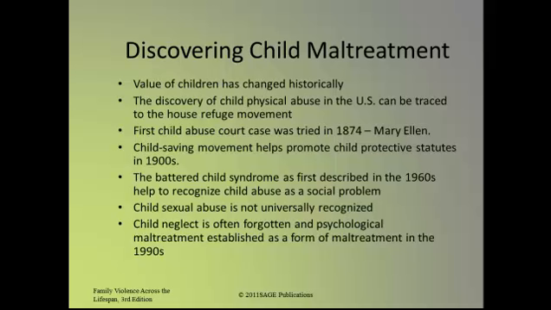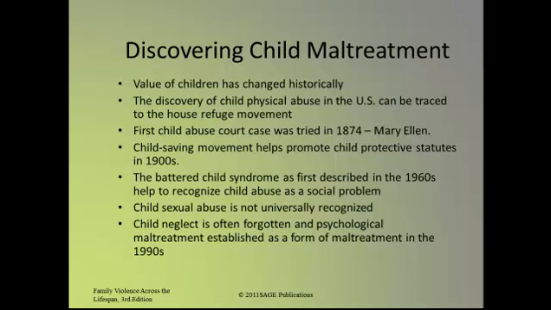And so the first child abuse court case was tried in 1874, and it's the famous Mary Ellen story. If you haven't heard it, Mary Ellen was adopted by a couple, I believe, who lived in some apartment building in New York City, and neighbors could hear her screaming and crying day after day, and she would be left alone.